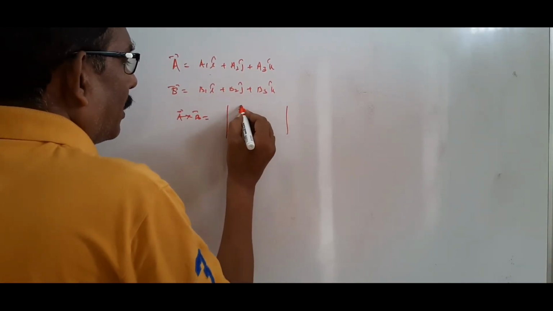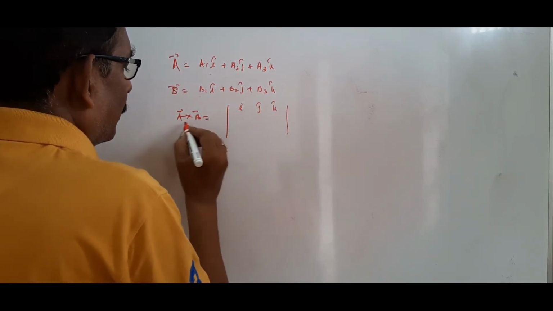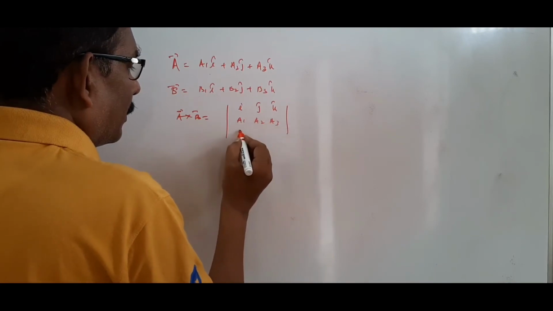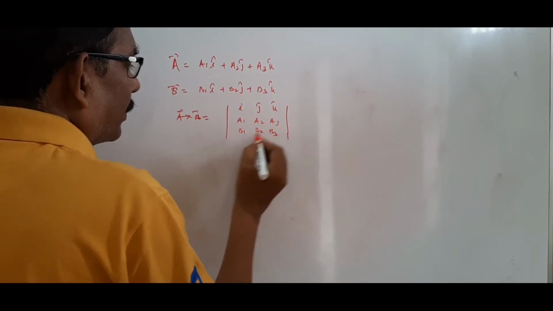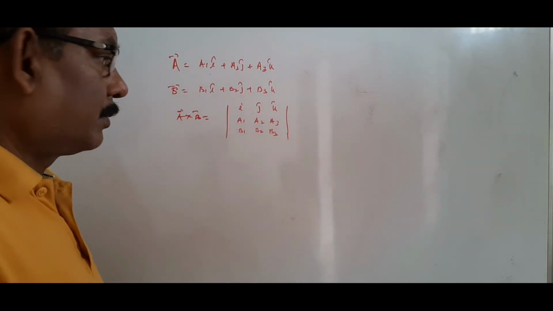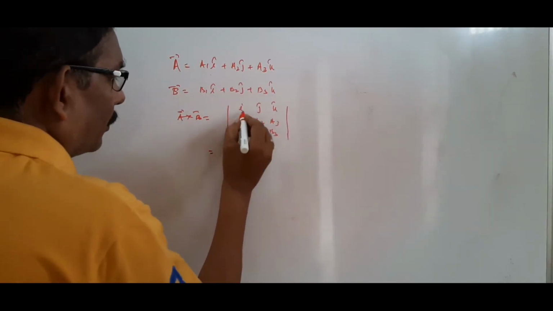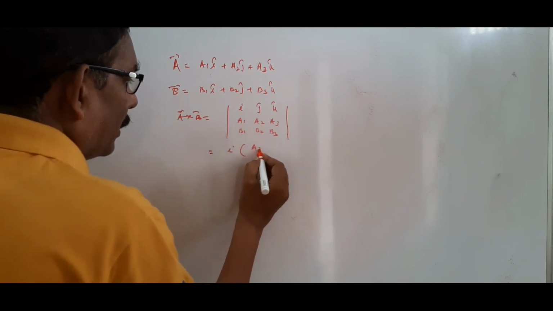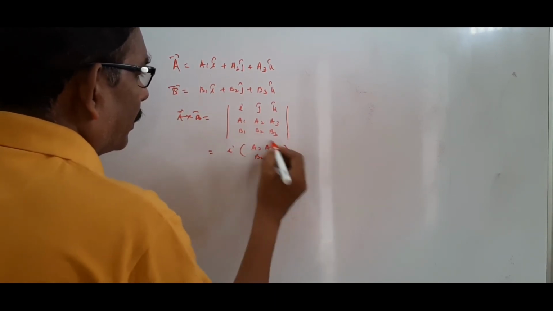In this format I, J, K, put the values of A first, A1, A2, A3, then B1, B2, B3. This method is called the determinant method. So I with this column and row, your values are A2, A3, B2, B3.